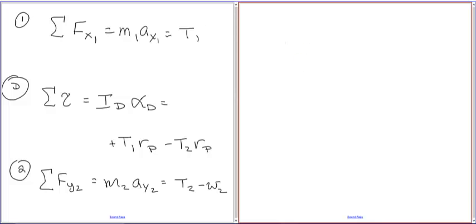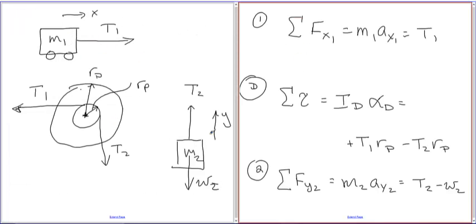And then we finally have to relate the linear accelerations of the two, the cart moving from left to right and the mass falling, and the angular acceleration of the disk.